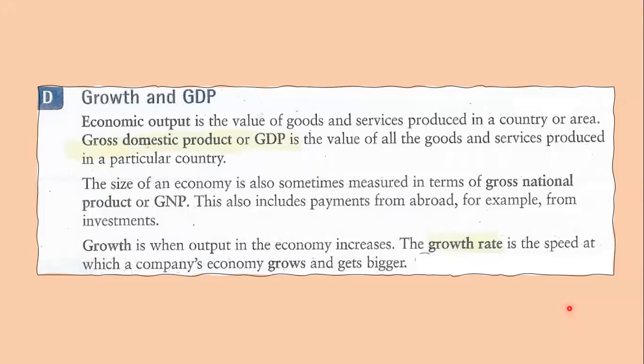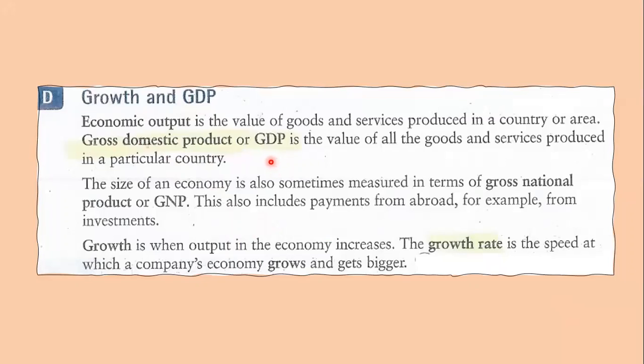Okay, and finally, here we have the growth and GDP. What's the meaning of GDP? Gross Domestic Product. In Spanish, we call it PIB, P-I-B. I'm not allowed to speak in Spanish, so I can't say it. But yes, PIB is how we call it in Spanish.